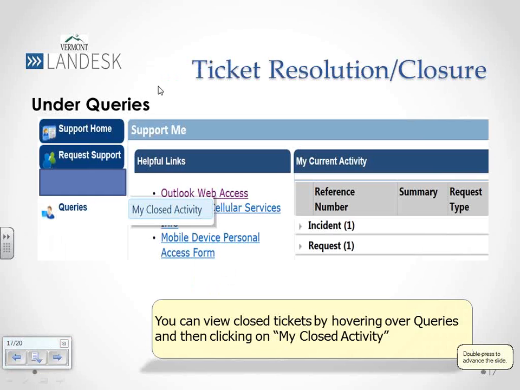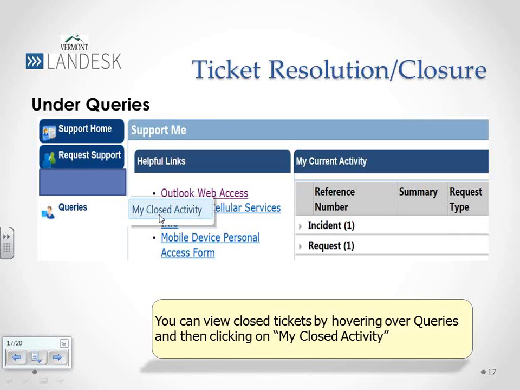So let me get back to the presentation real quick here. Now, when a ticket has been worked on and then closed, it will go away from your current activity. It will disappear there. You'll have been sent an email saying that the ticket has been resolved, and if you want to look at a ticket that you have submitted before and is then closed, you can go into your queries under My Closed Queries and see those tickets and open them up and look at them just to see what kind of issue you had before or how that issue might have been resolved.